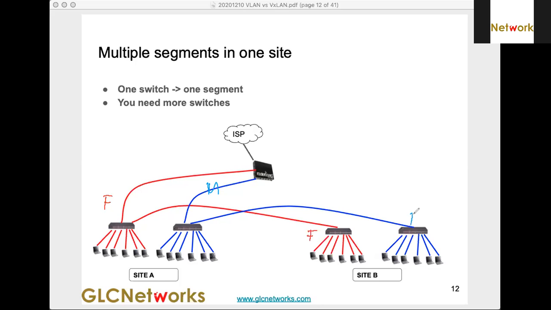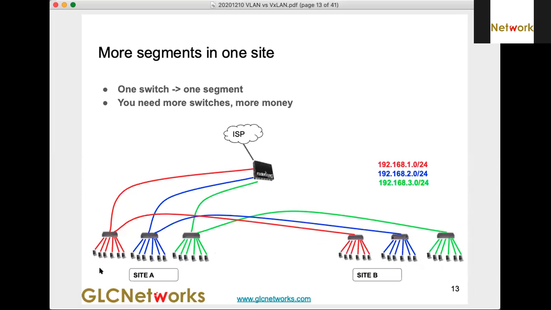They also have marketing in other buildings, and they also want to separate the network, to be apart, but they also want to connect to the internet. So the more segments and sites you have, the more headache you have, right?